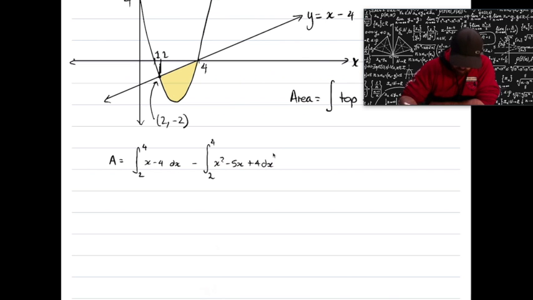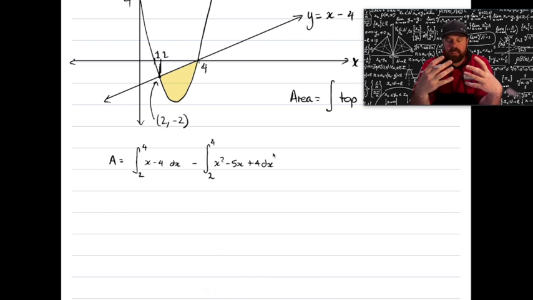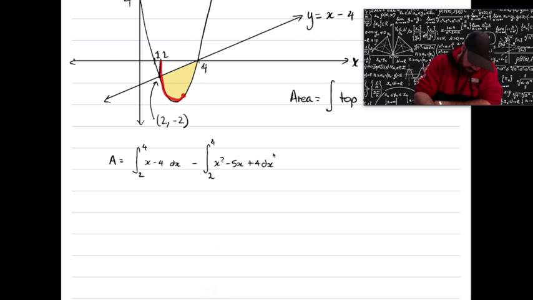We took the absolute values because we know that when we evaluate the integral and the section we're evaluating is below the x-axis, our result is going to be negative. Really, what we want is to evaluate all of this area and then just take away that little triangle part there.